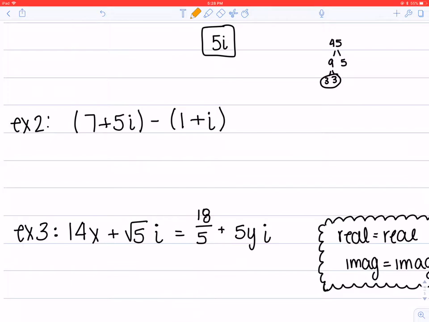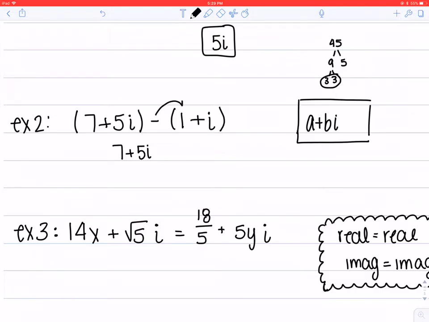Alright, second example, subtraction. Subtraction works the same as subtracting polynomials. One thing that you should know is that we have this thing called standard form. Standard form means that you put the real number in front and then you put the i's in back. That's what a plus bi means. So I'm going to first have to distribute the negative.